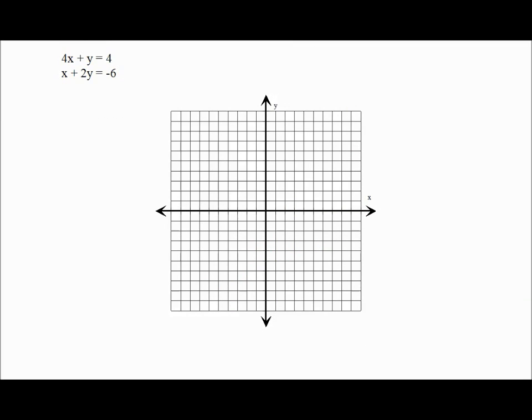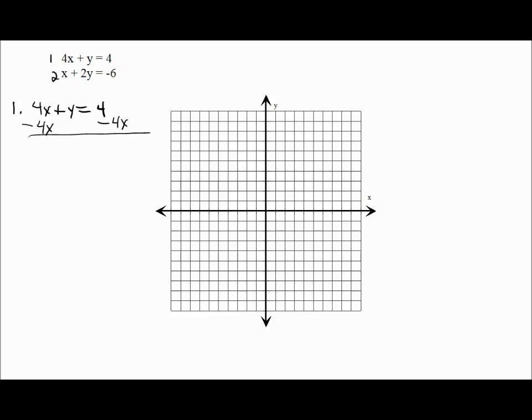The system that we have is 4x plus y equals 4, and x plus 2y equals a negative 6 on my two equations. What I'm going to do is I'm going to go ahead and put them in slope-intercept form so I can graph them. Okay, so for the first one, I'm going to subtract this 4x from both sides.